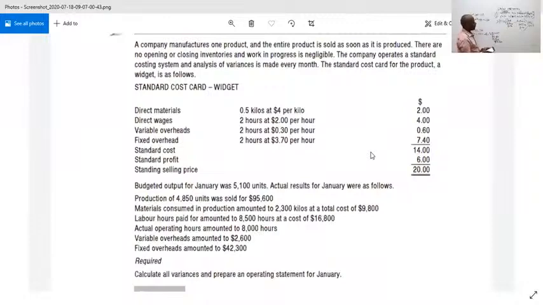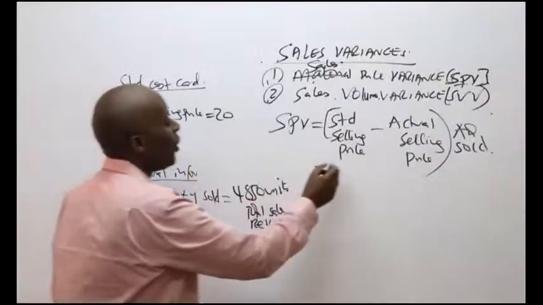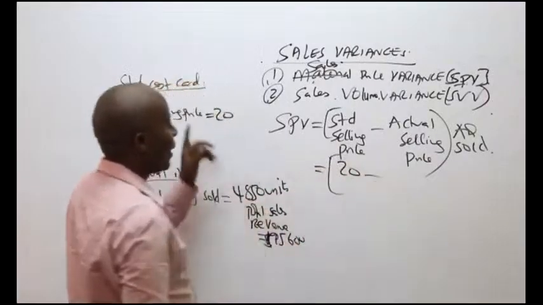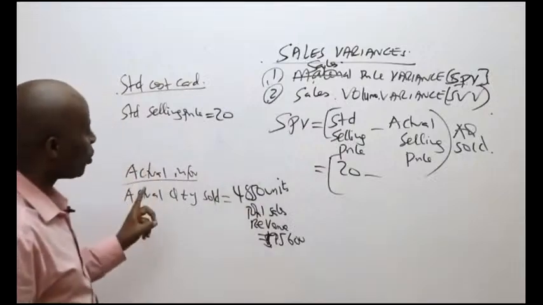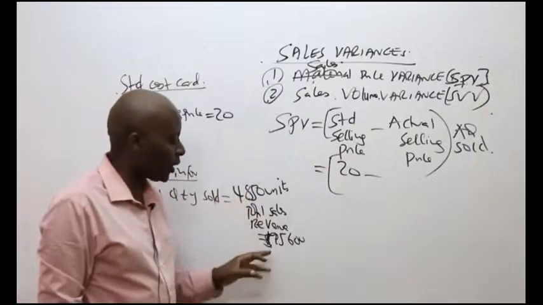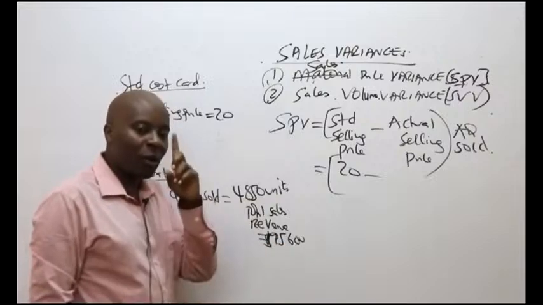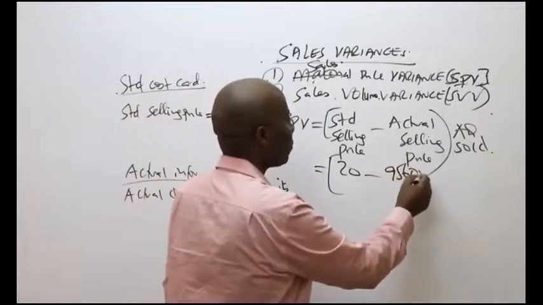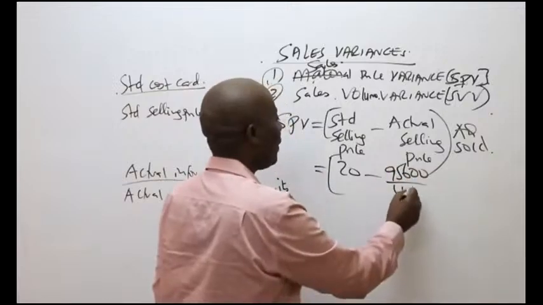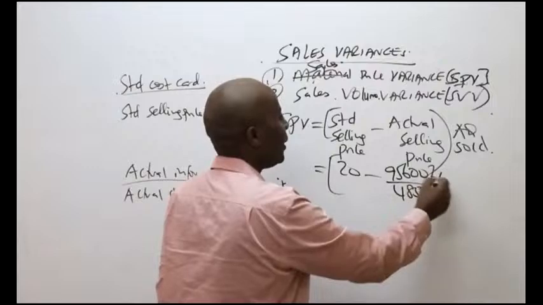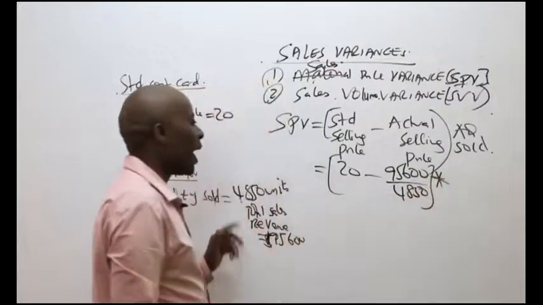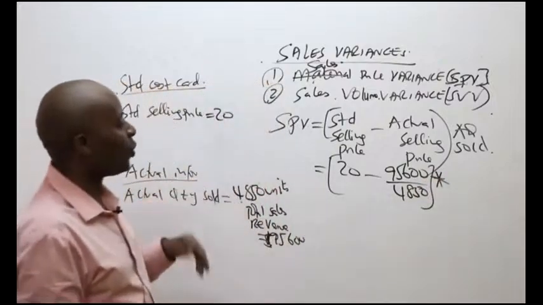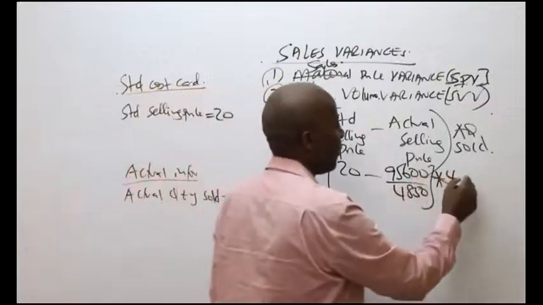Now, out of this, I'll be able to get my parameters very well. I will start with the standard selling price. The standard selling price is 20 minus the actual selling price. I can see this 4850 units gave me this money. How about the money I was given by 1 unit? It will be 95,600 divided by 4850, multiplied by the actual quantity sold, which is 4850.